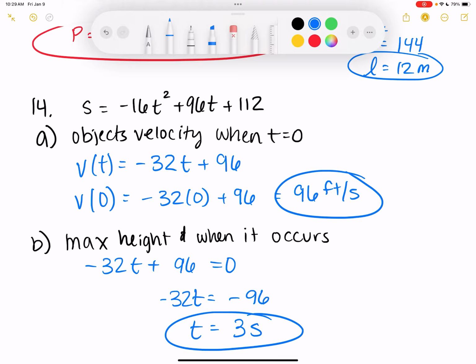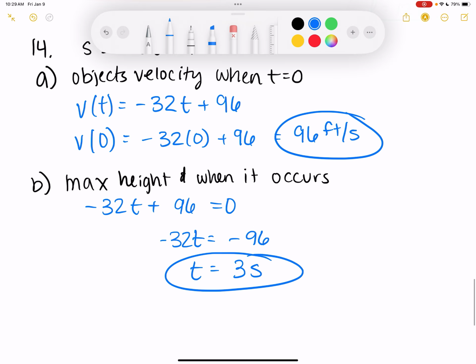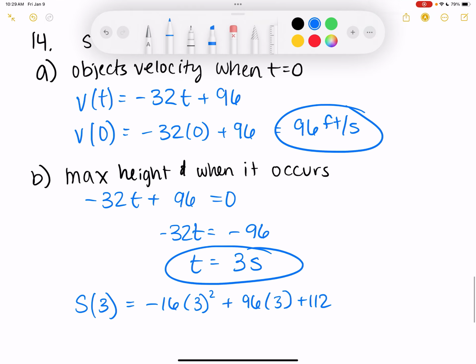And then it wants to know the max height. So that's when it occurs. Then to find the actual height, we're going to plug this number into the position equation. So S of 3 is equal to negative 16 times 3 squared plus 96 times 3 plus 112.